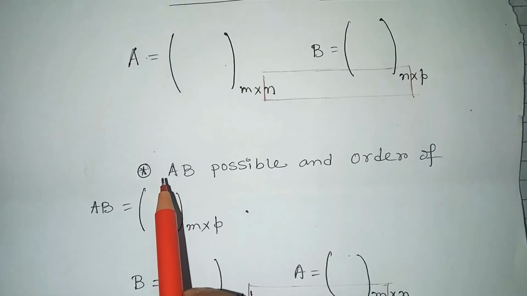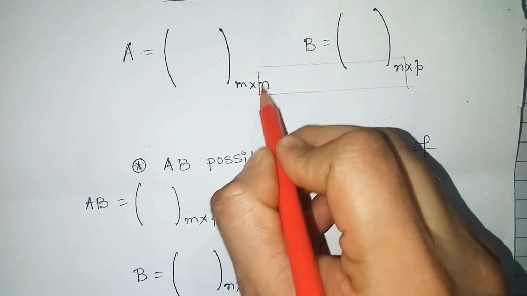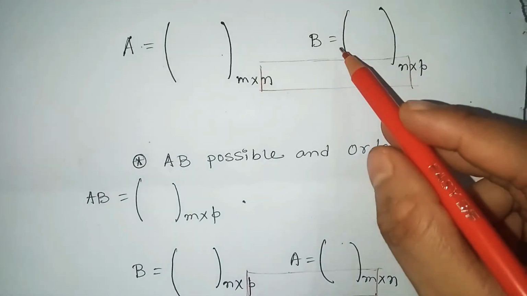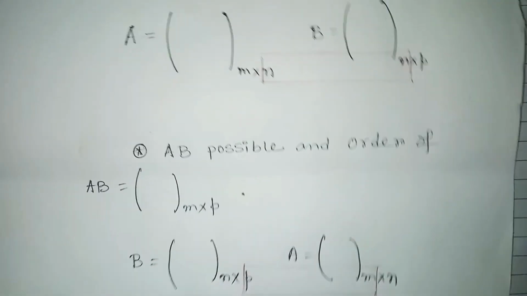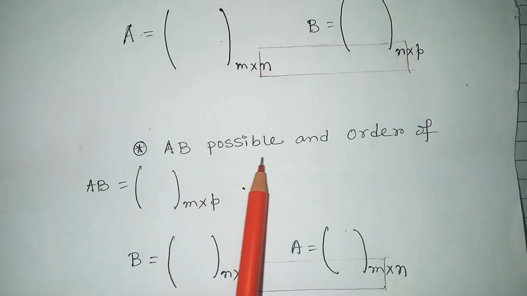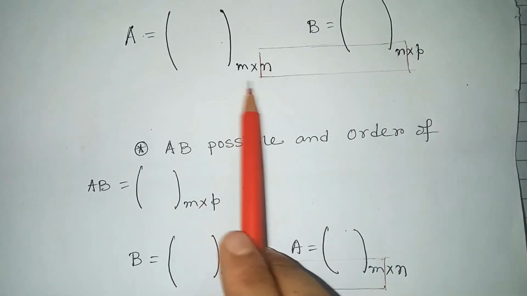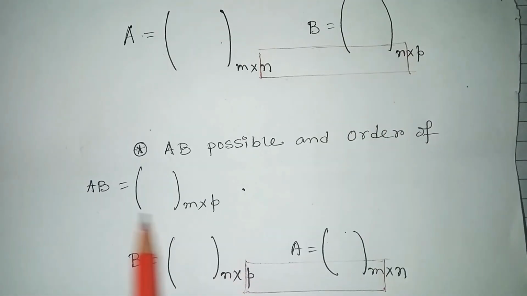It means the column number of the first matrix, A, here n, and the row number of the second matrix, B, here n. If they are equal, then only AB is possible, and its order becomes the remaining row of A and the remaining column of B. It means m by p, and AB becomes a new matrix.